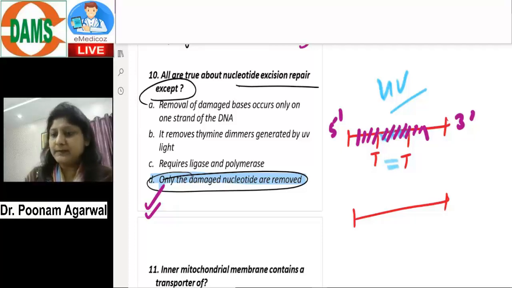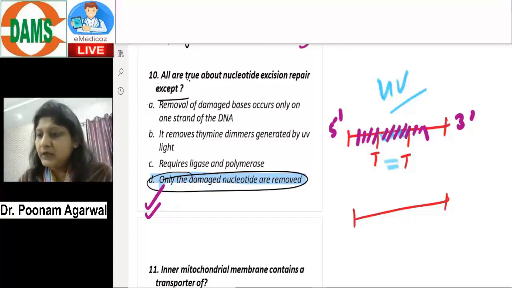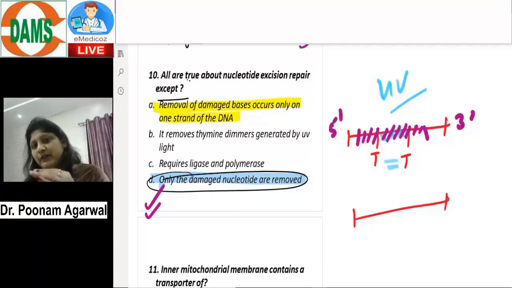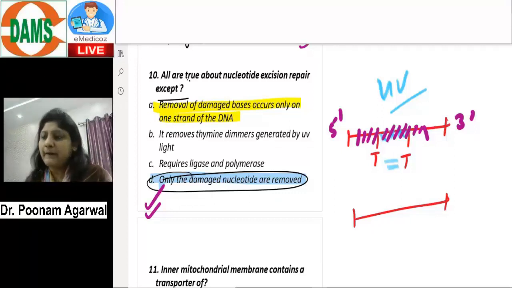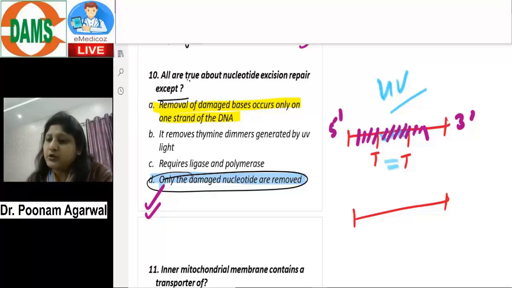All other statements about nucleotide excision repair given in the question are right. For example, when you talk about damaged base occurring only on one strand of the DNA, that's right. Most of the time, when thymine dimerization occurs, it occurs on a single strand, either the upper or lower strand, and whichever strand is affected undergoes repair.